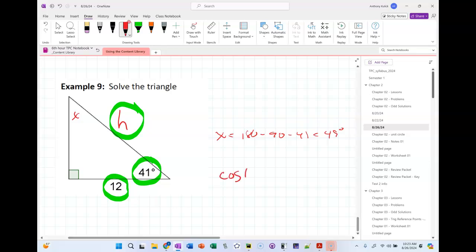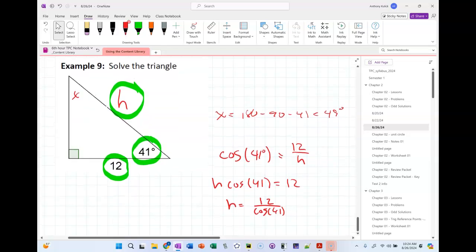So I'll say cosine of 41 degrees equals adjacent over hypotenuse. I'll multiply both sides by h to get it out of the denominator, and then divide by cosine 41. And then that's calculator time. I'm going to leave that calculatoring to you. Is that okay with you guys? And I'll call that other side L for leg.